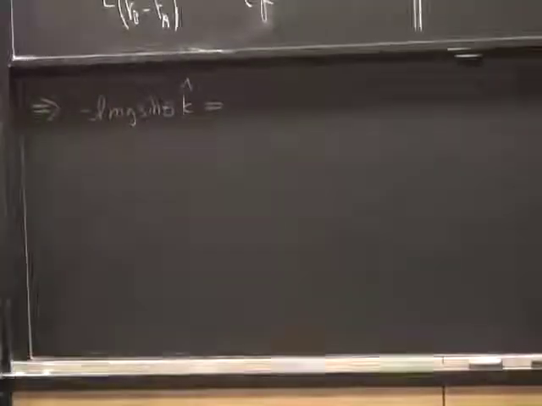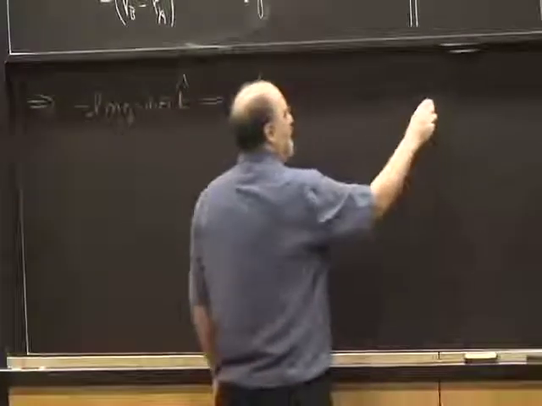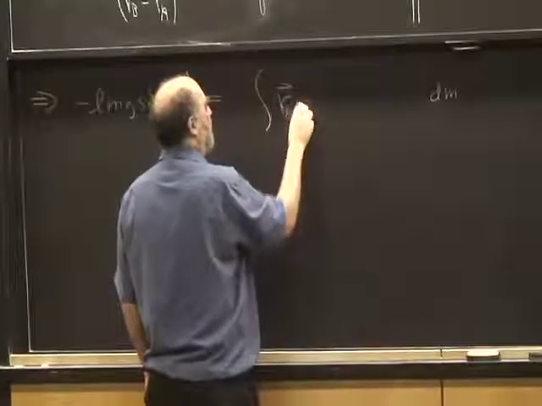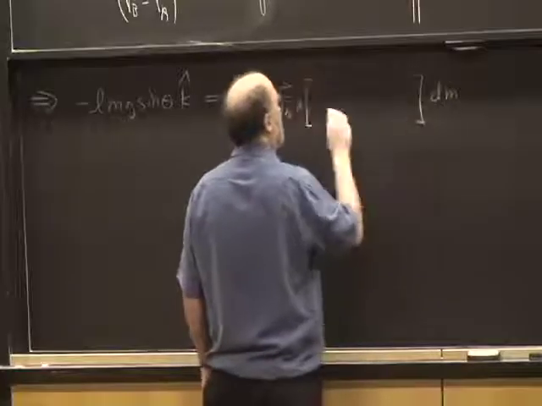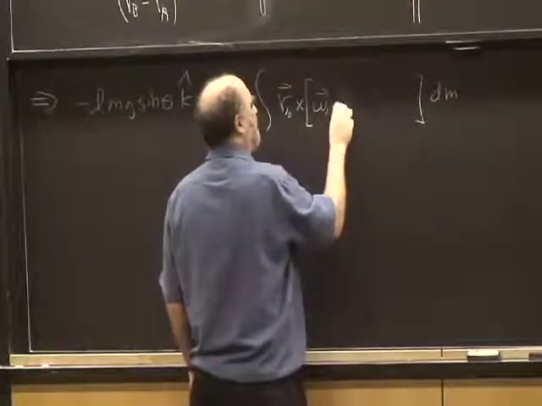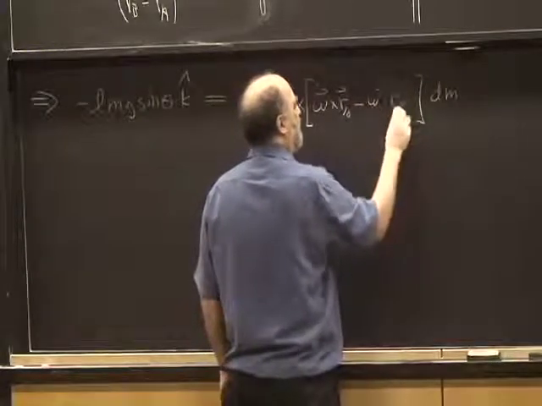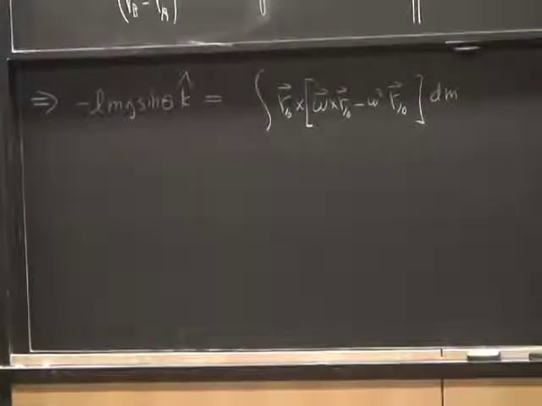On the right-hand side, we have to substitute this stuff back in. We're doing the integral over all the mass. And now we have the position relative to O crossed with a sum of two terms. One is omega dot crossed the position with respect to O, and the other is minus omega squared r with respect to O. Looking at every little bit of mass over here, we're adding up over all these bits of mass.